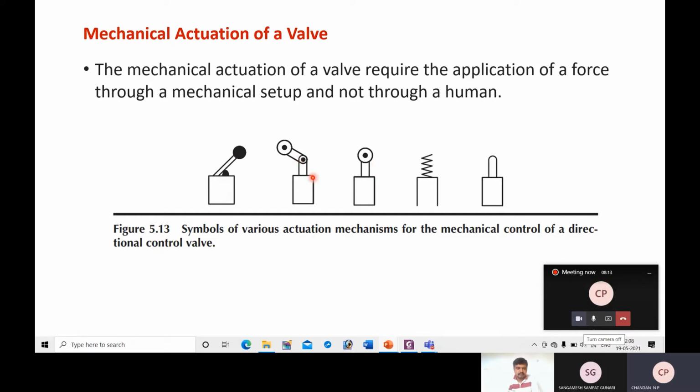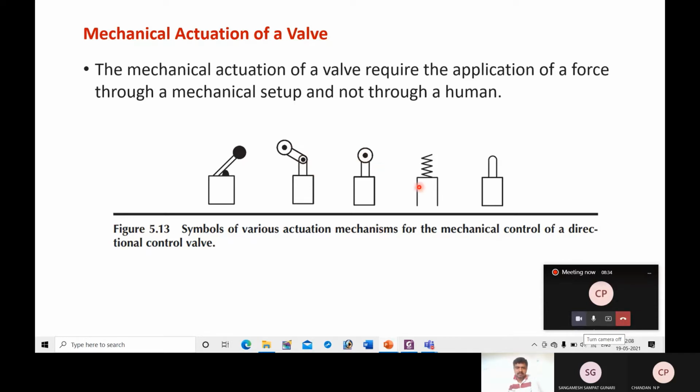Both are roller operated, but this one has idle return. If there is no pressure, this roller will come back to this position. That is the difference. So this is the roller operated with idle return, and this doesn't have that idle return.